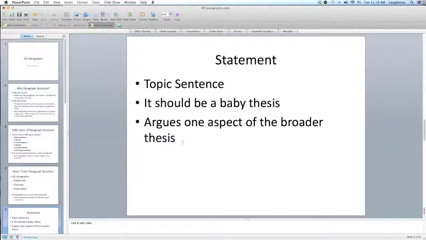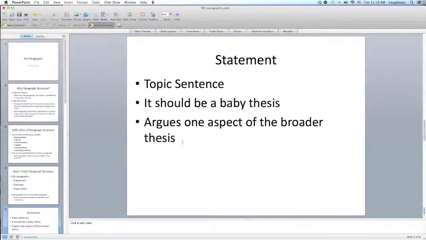What's great about C paragraphs is if you do it correctly, your opinion starts the paragraph. You say, hey, look, this is my idea, and I want to prove this in this paragraph. If you start with someone else's idea, there's nowhere else to go a lot of times for beginning writers, except for more summary, and that's not what we want.